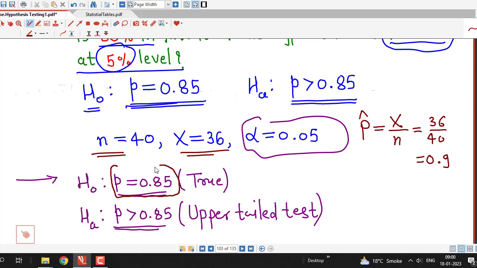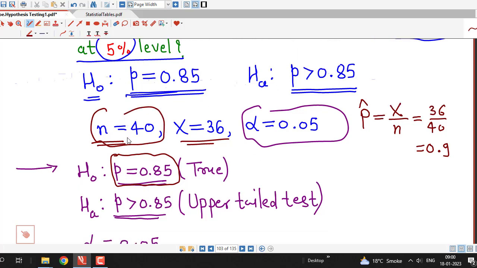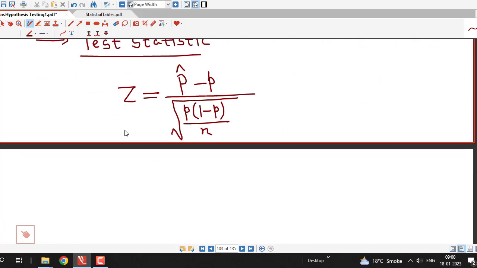We assume that the null hypothesis is true, therefore small p is 0.85 and n is 40. So we substitute all these in the formula of the test statistic.